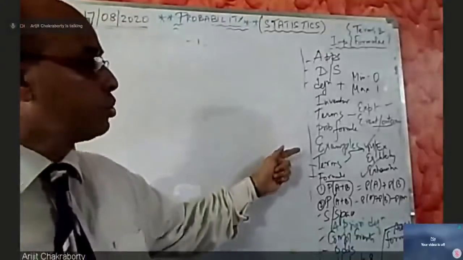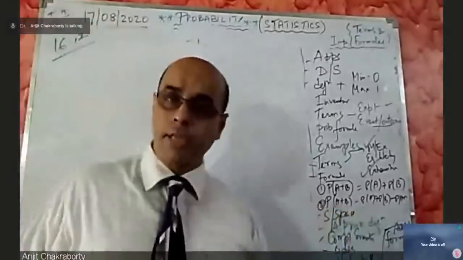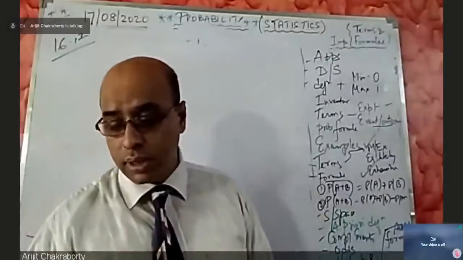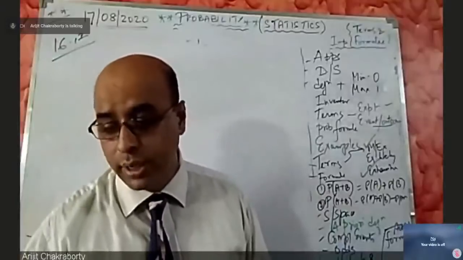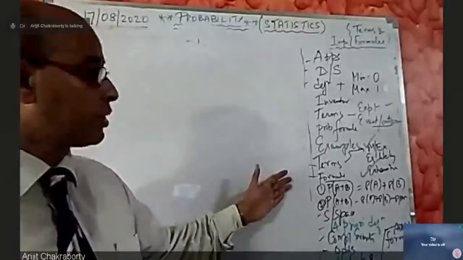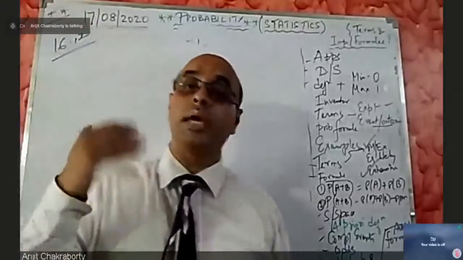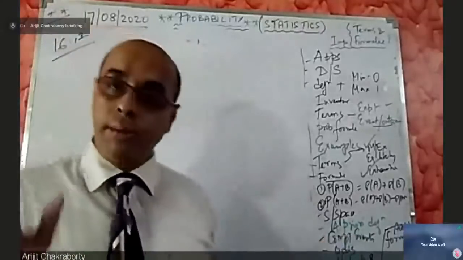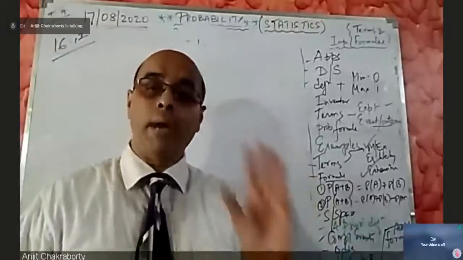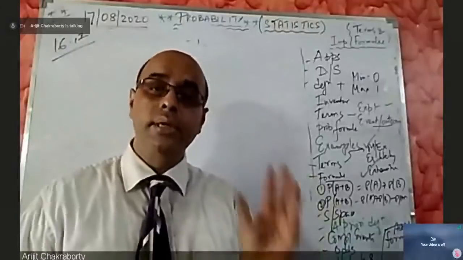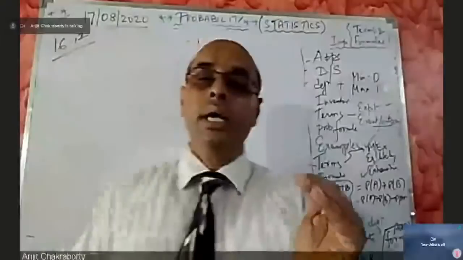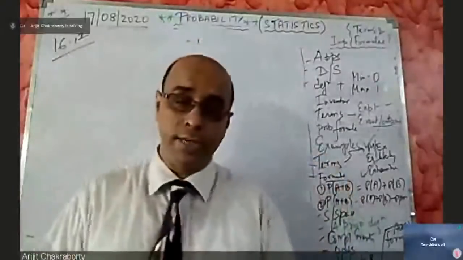Thereafter we moved on to the formula P(A plus B). What is the formula in case of mutually exclusive and what is the formula in case of non-mutually exclusive, that we have seen and discussed. Thereafter we took up the a priori definition of probability, which says that the probability of any event is defined as a ratio of the number of favorable cases by the number of possible cases.